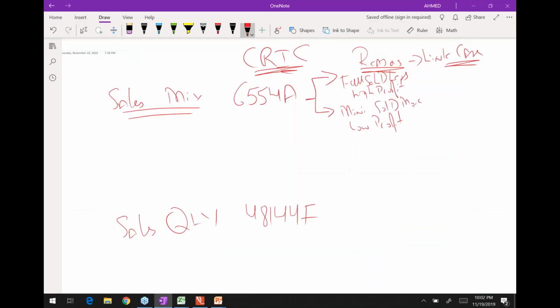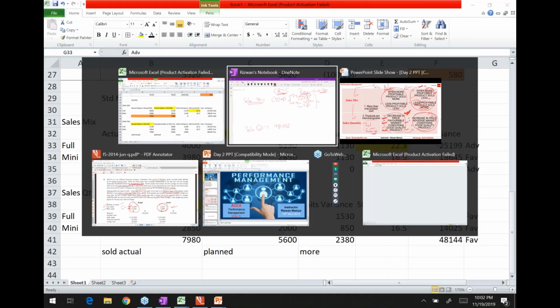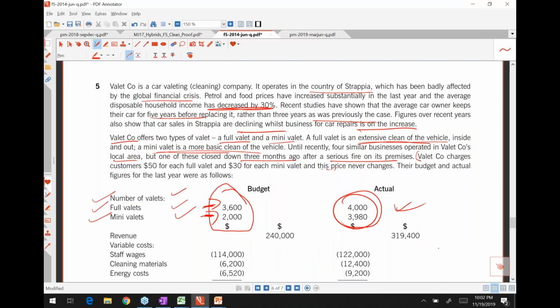Now link with the scenario. Why did this happen? Why are people going for more mini than full valets? So the scenario says maybe because the household income has decreased. Because the household income has decreased by 30%. That is why people are preferring more mini valets, because mini is cheaper than full valet.